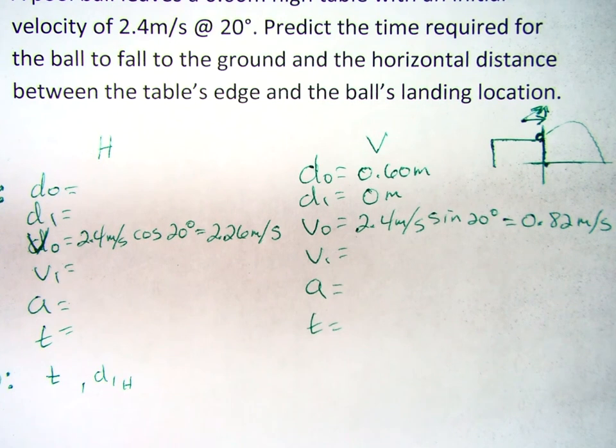What makes the ball speed up in the vertical? Yeah, the force of gravity makes the ball speed up in the vertical, and the force of gravity pulls down, and the acceleration due to gravity is 9.8 in the negative direction.